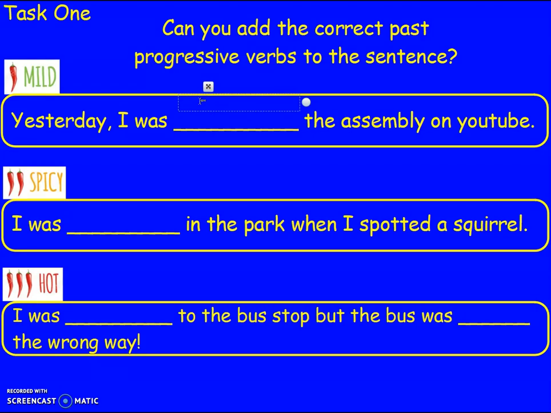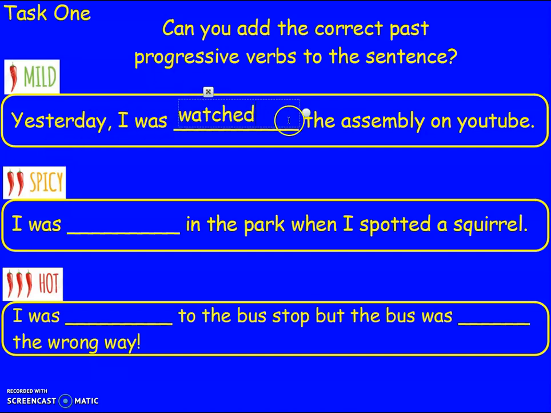Okay, so let's start off with mild then. Yesterday I was something the assembly on YouTube. So it's going to be talking about watching the assembly on YouTube. Okay. If we were just talking in the past tense, we could say, yesterday I watched the assembly. That's something that happened, okay? But if we put watched here, it wouldn't make sense.